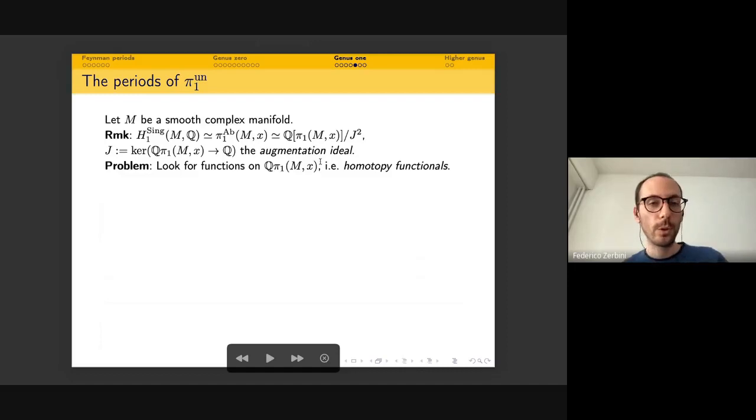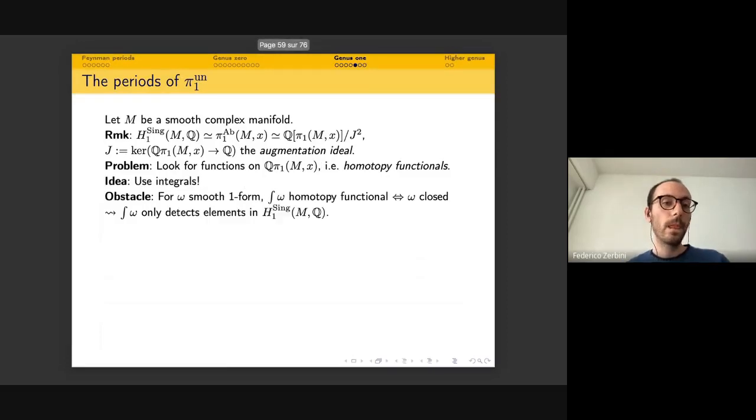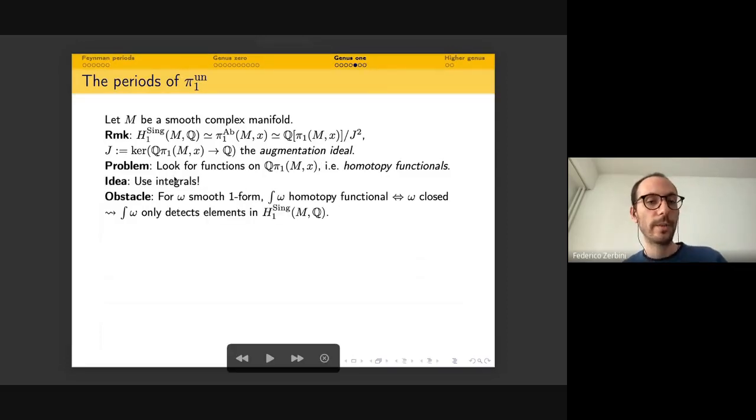But if you try to do so for the fundamental group, you run into an obstacle, which is the following fact. Suppose you have a smooth one form, and you want to do the integral of this one form. Well, this is a homotopy functional, so it defines a function on this ring, if and only if your form is closed.